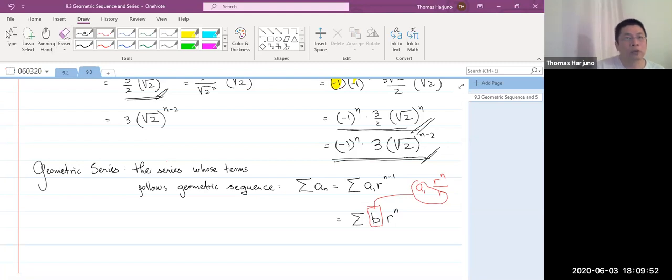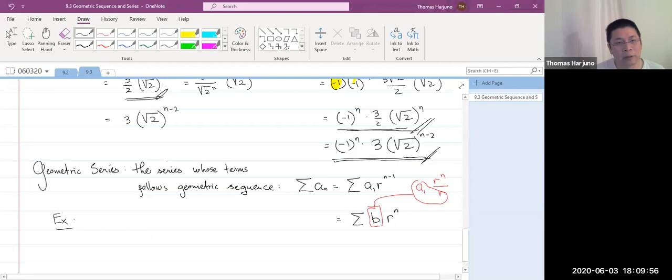Okay, so suppose, for example, the following is a geometric series: the summation k equals 1 up to 10, let's say, of 2 times 3 to the k. That's a geometric series. Why?